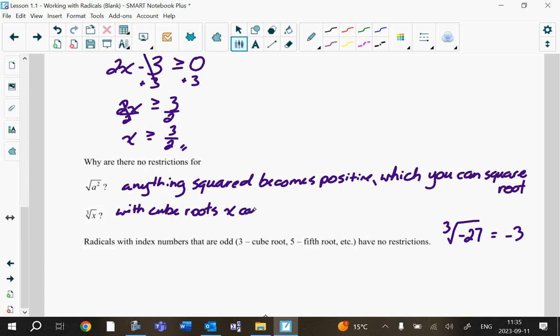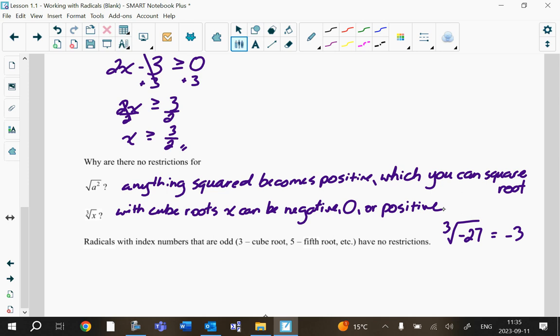X can be negative, 0, or positive, which means that it represents all the possible numbers that are in existence. The negatives, 0, and all the positives. So before we even start dealing with these things, you got to think about restrictions.